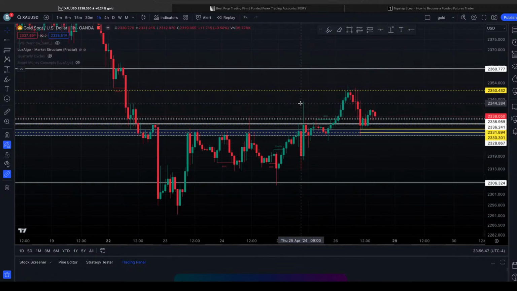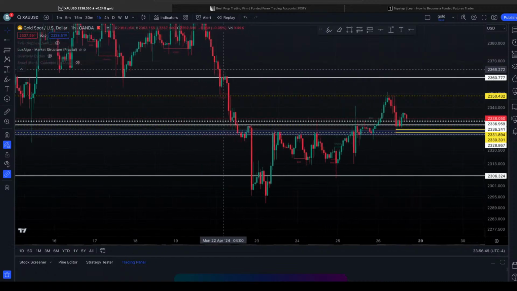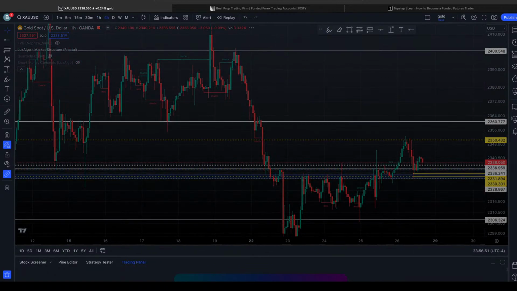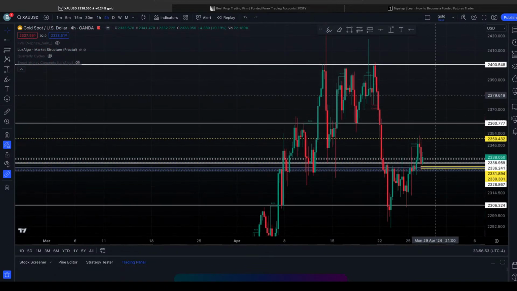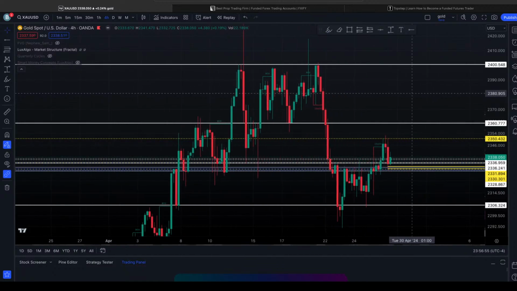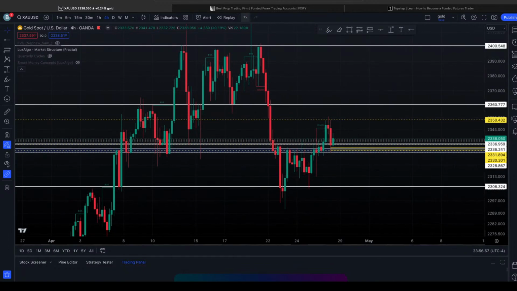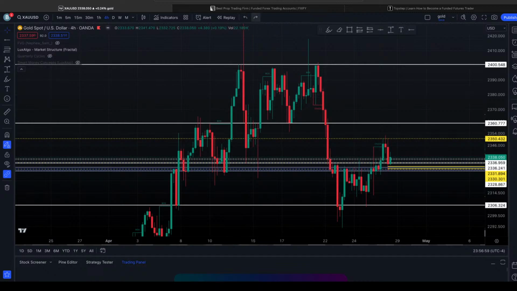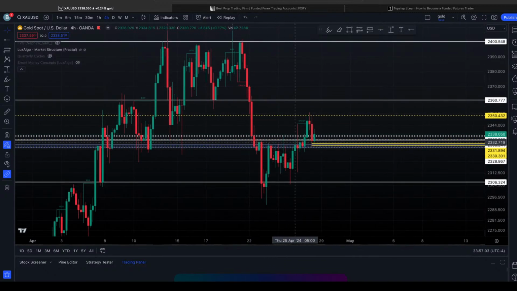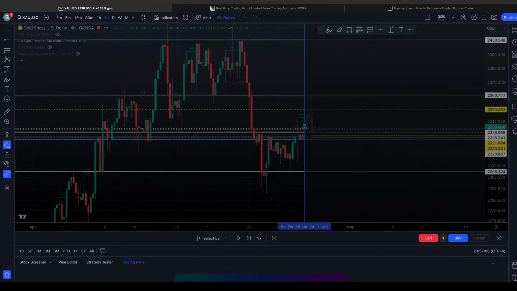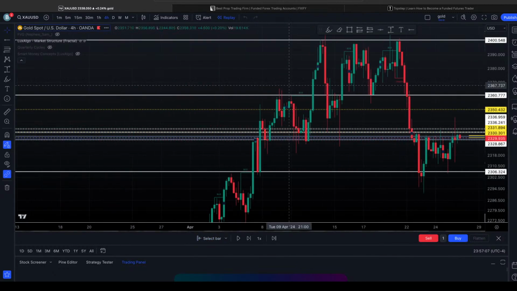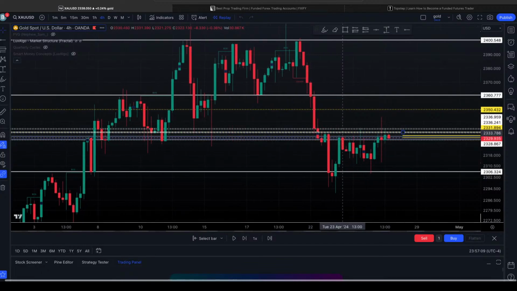That's what I was doing. There was a play up here that I saw. Let's see, where was it at? Oh yeah, it was this one right here. Let's see, 4 hour here, replay. Around this area is where I was looking for a sell.